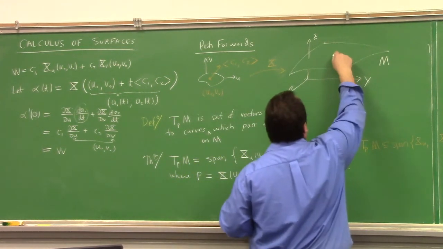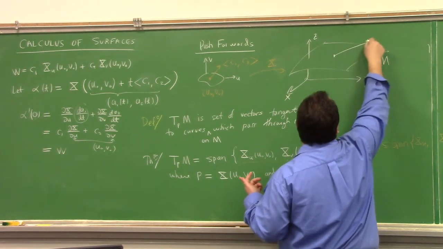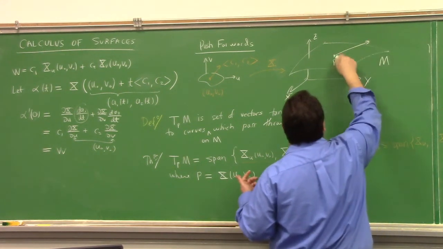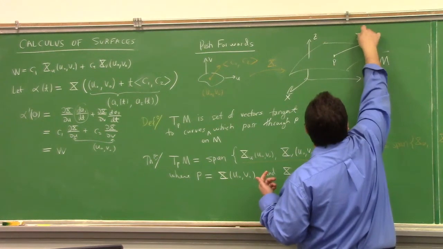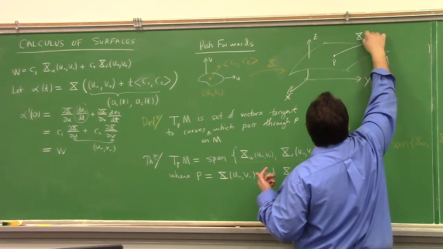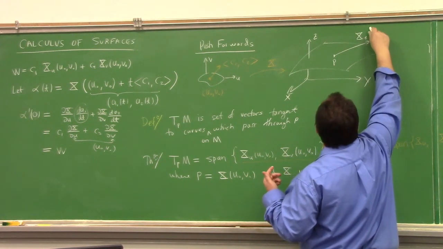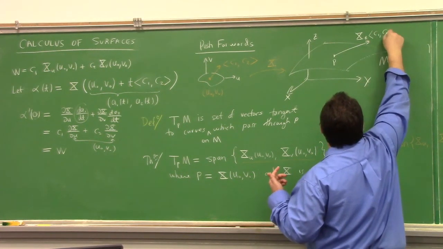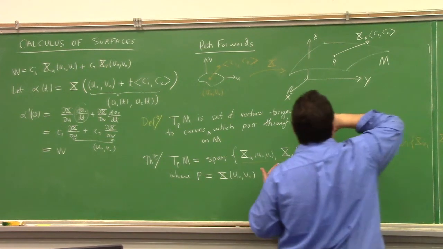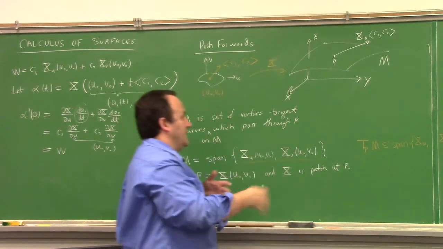I get a vector over here at the point P. I get X push forward of C1, C2. And what is that vector? What is that actual push forward vector?